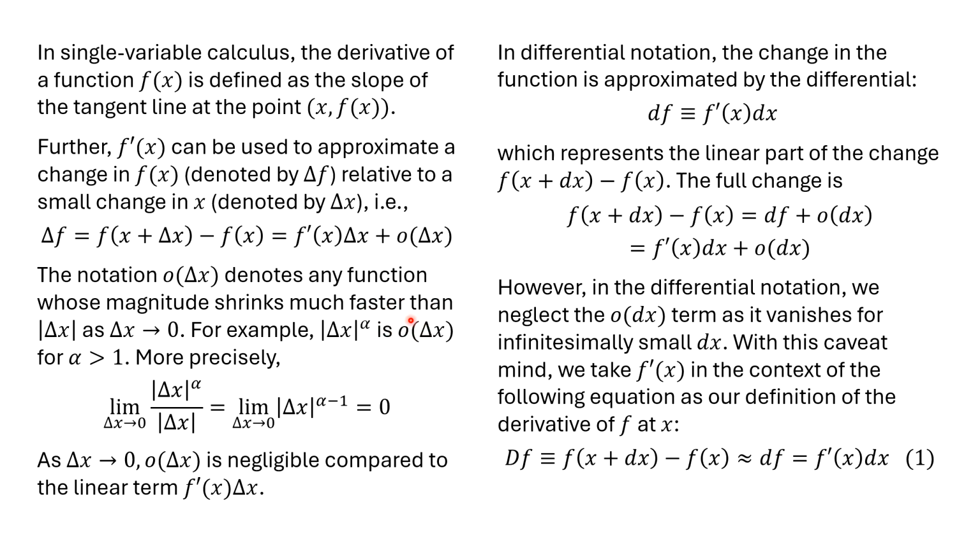This is, in fact, little o of delta x if alpha is greater than 1. And the way you test that is by taking the limit. You take your candidate function that you think might be little o of delta x, and you divide by the absolute value of delta x and take the limit. I'm doing that here, and then you get alpha minus 1. Since alpha is greater than 1, this limit goes to 0.